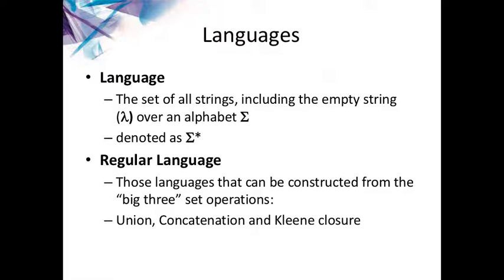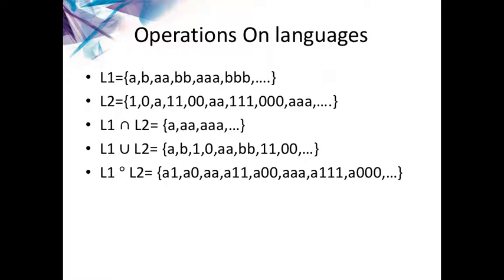So if you have 2 sets, one set is A, B, and the second set is 1, 2, then the concatenation would be A1, A2, B1, B2. This example shows you how you would get the intersection, the union, and the concatenation.